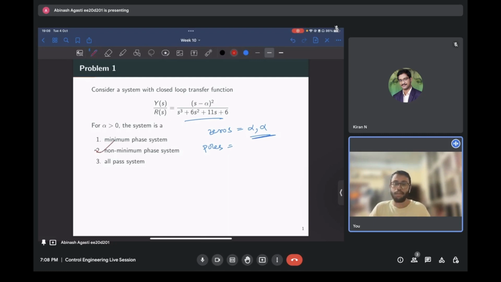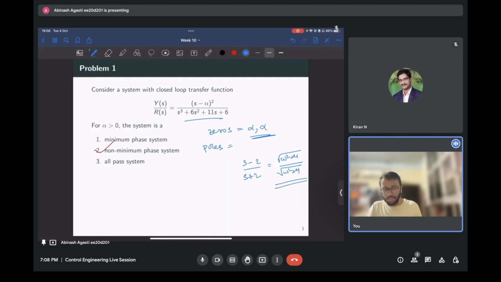And an all-pass system is essentially one where the magnitude is independent of the frequency. Suppose we have a system like (s minus 2) by (s plus 2). Then when you find the magnitude, it is root of (omega squared plus 4) by root of (omega squared plus 4), so the frequency terms cancel out and we are left with a constant.